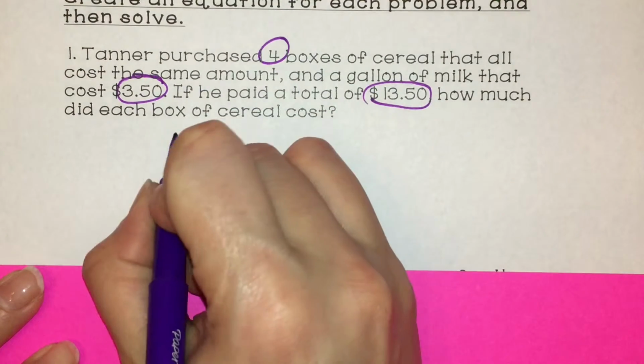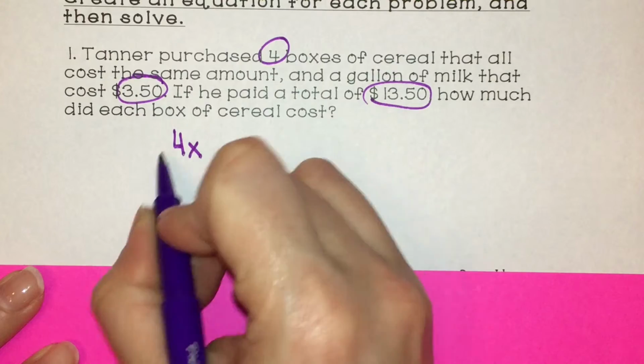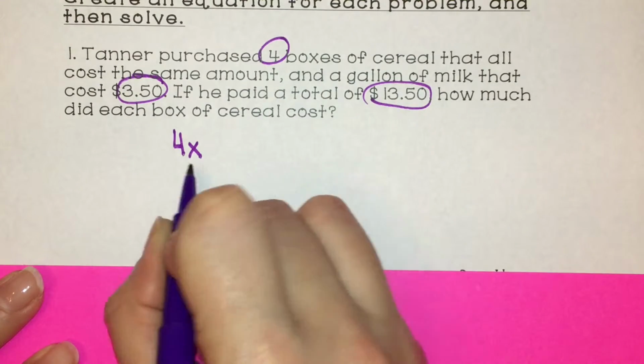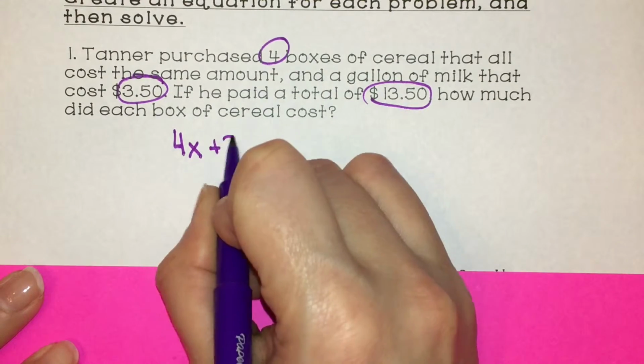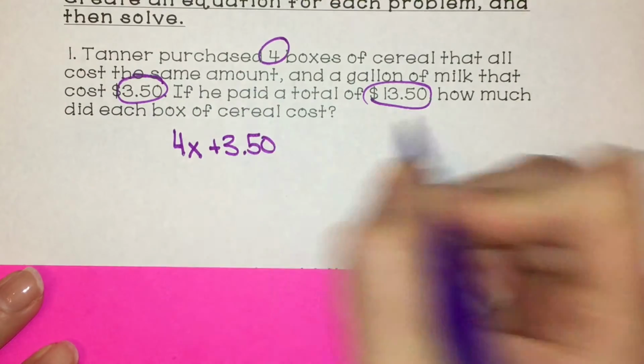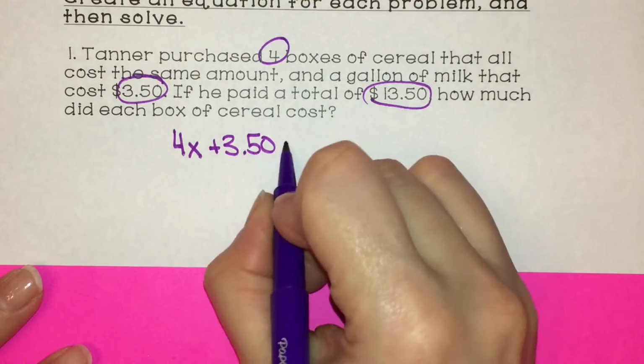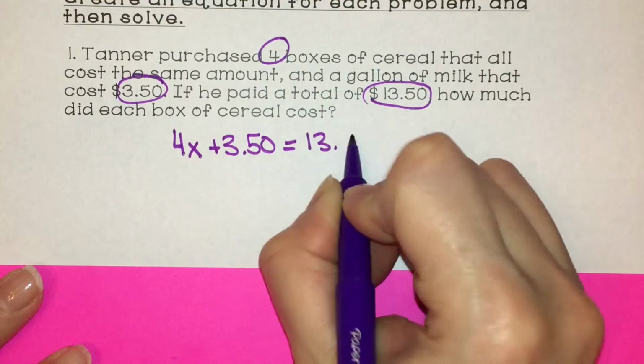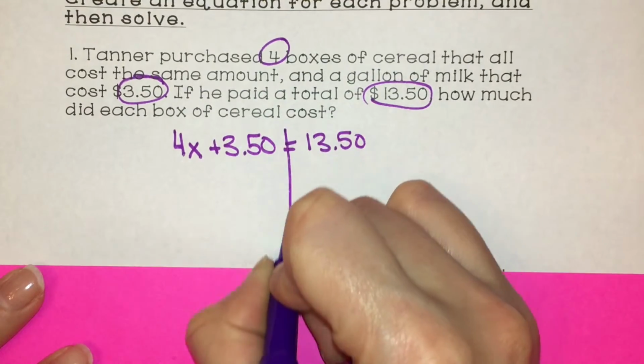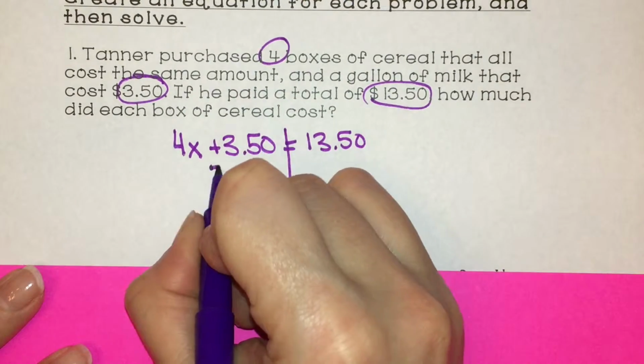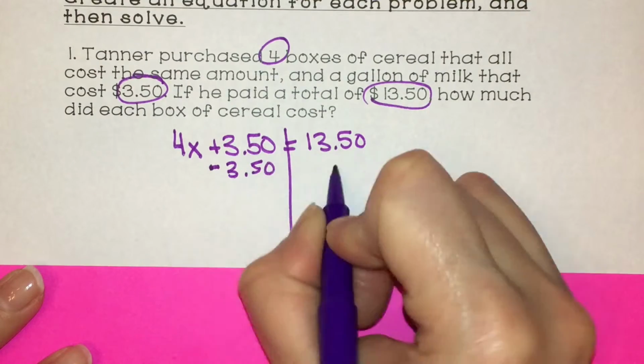So 4 times x, so 4 boxes times the price per box, plus the $3.50 gallon of milk, equals a total of $13.50. So then we had to solve for x by subtracting 3.50 on both sides.